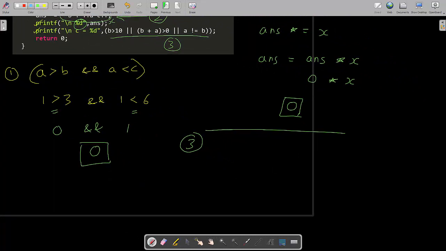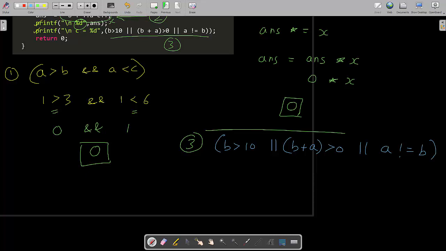The third one is simply b greater than 10 or b plus a is greater than 0 or a not equal to b, and the parentheses are very important. Okay, so I think I have got all the parentheses.